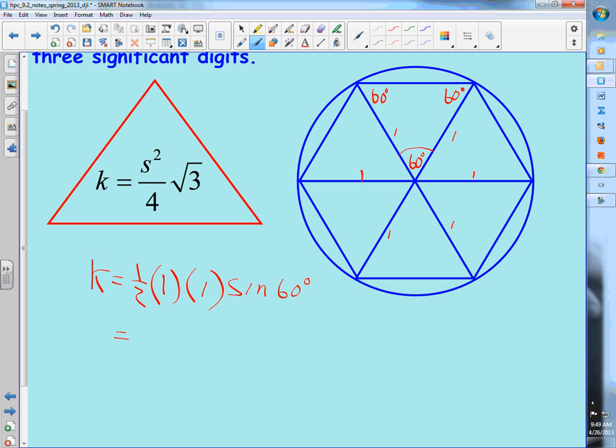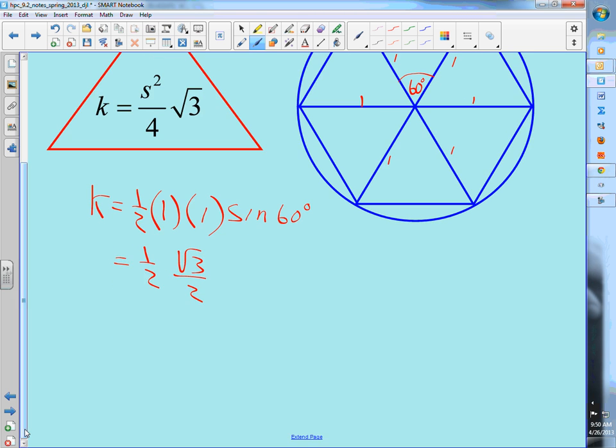What's the sine of 60? Square root of 3 over 2. Which gives you root 3 over 4. It's an exact value for the area.